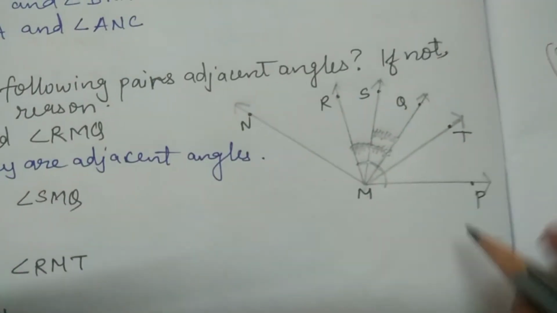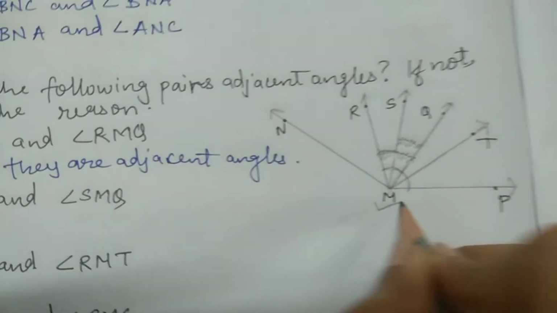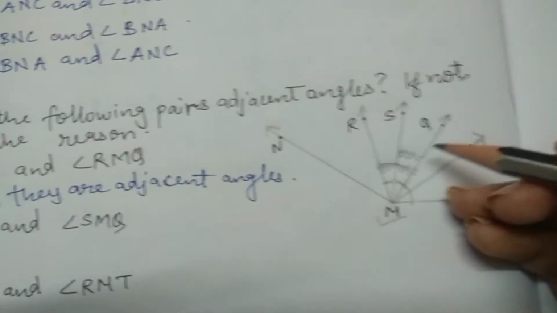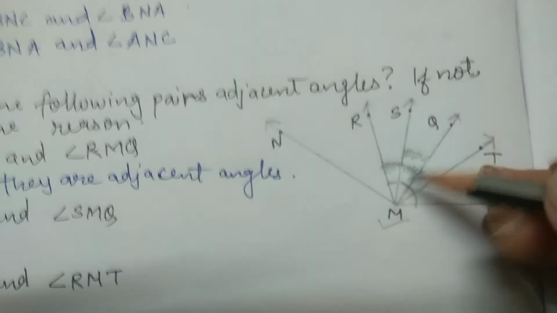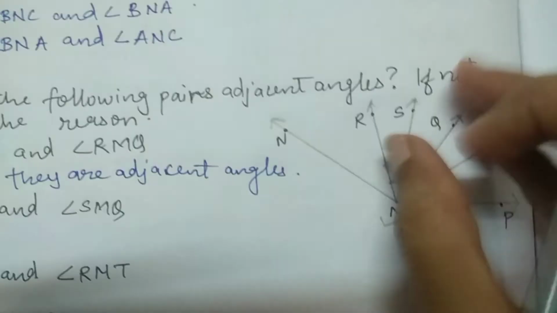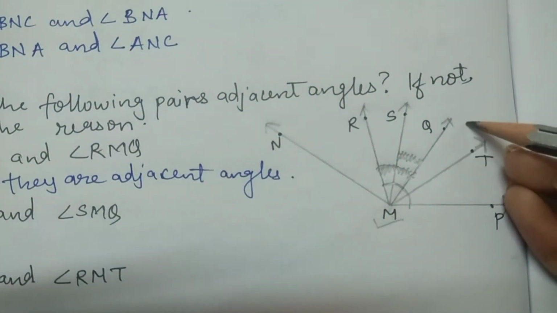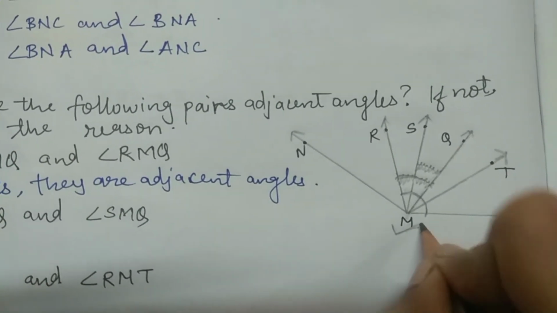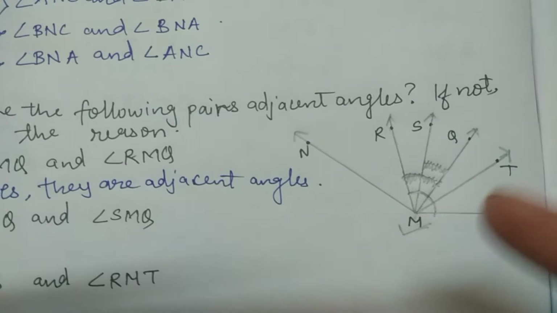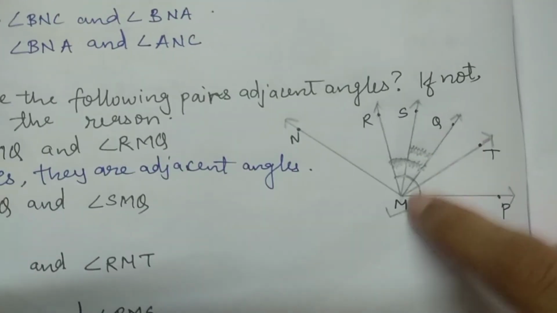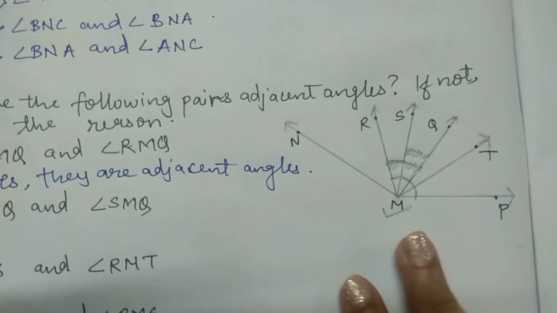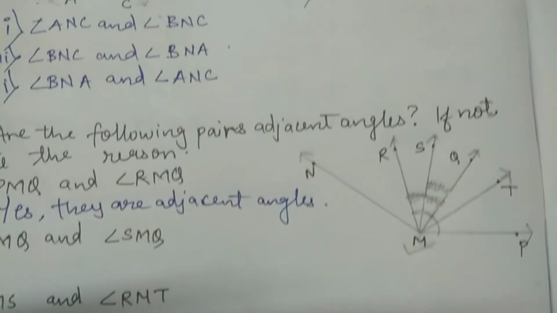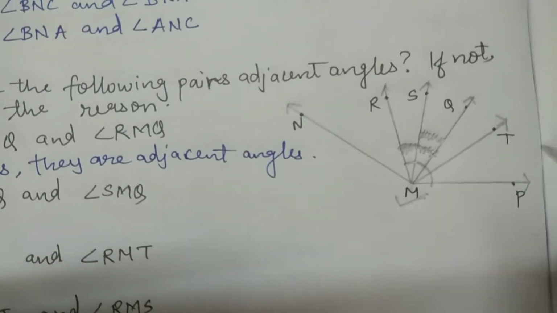Now in this, the common vertex is M. Okay, but SMQ is a part, it is in the interior of RMQ. Now see, M is the common vertex, one condition is satisfied. MQ is the common arm, the second condition is also satisfied. But the third condition, that the remaining two arms should be on opposite sides.